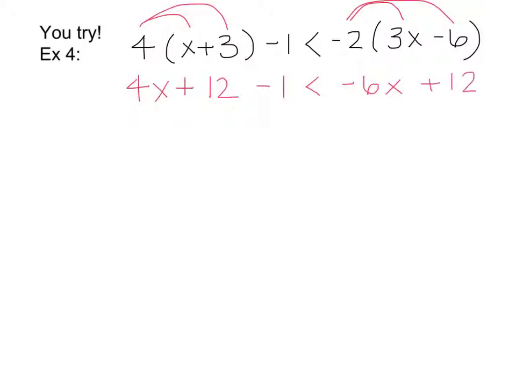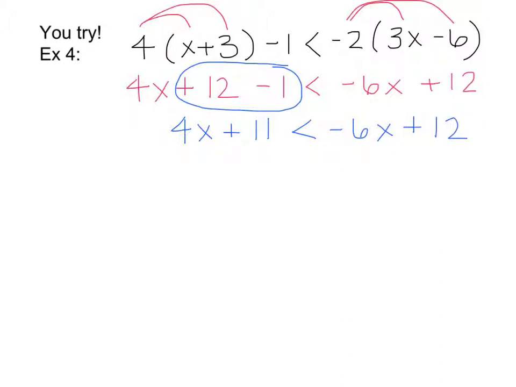Now, let's combine like terms on each side of our inequality. I have positive 12 minus 1, so that simplifies to 4x plus 11 less than, and then I have nothing to do on my right-hand side, so I just bring down my negative 6x and my plus 12. So I have 4x on my left-hand side, negative 6x on my right-hand side.